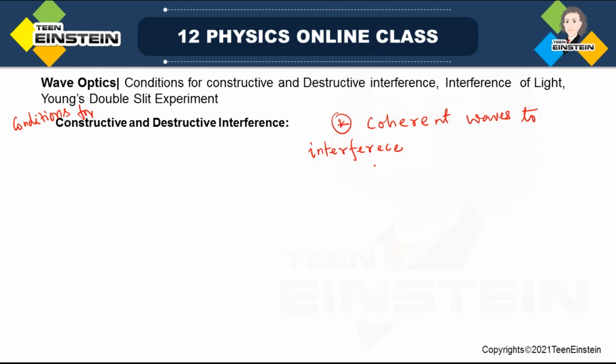Suppose we have two waves which are coherent in nature. Coherent means they have to have the same frequency. They have to have a constant phase relationship. So these are two main conditions, and along with that, they have to have only one wavelength.